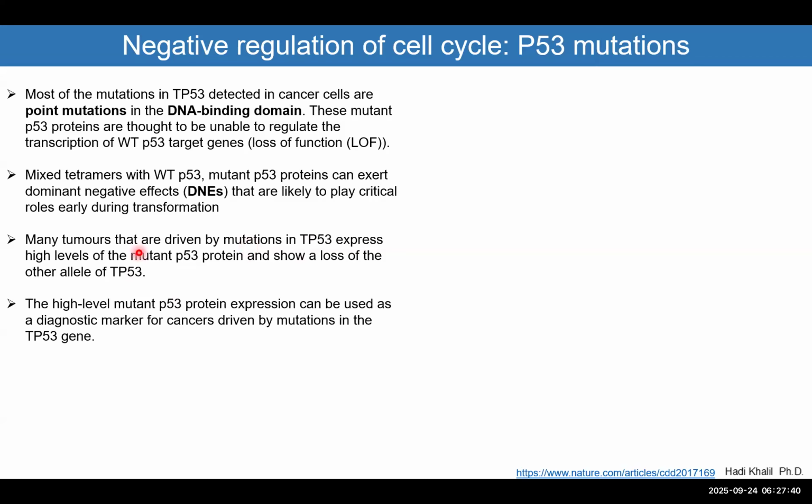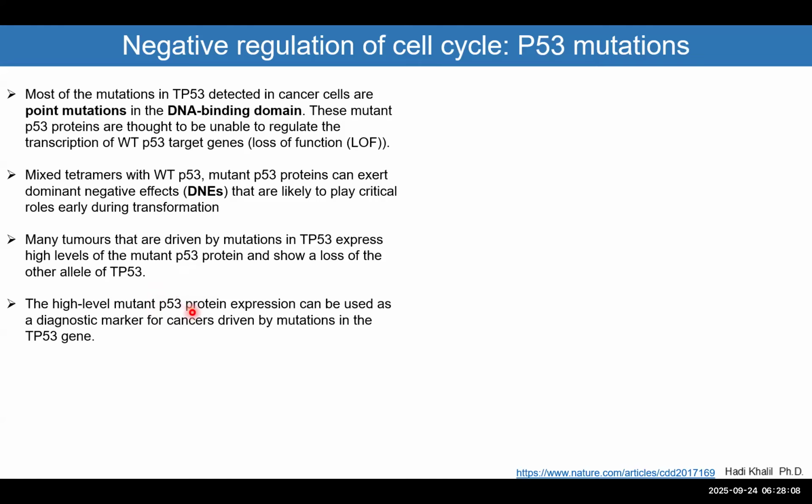Okay, so many of these tumors express high levels of these mutant p53s. And this, in fact, could be how we can use this molecular tool to detect or diagnose a cancer. In other words, you can easily make a probe that detects if this protein has been mutated.